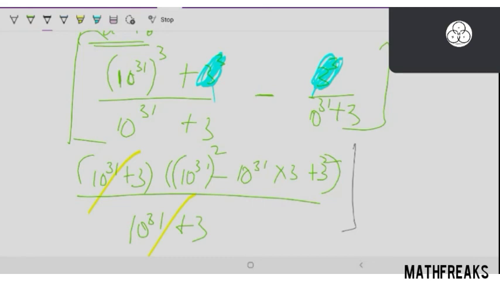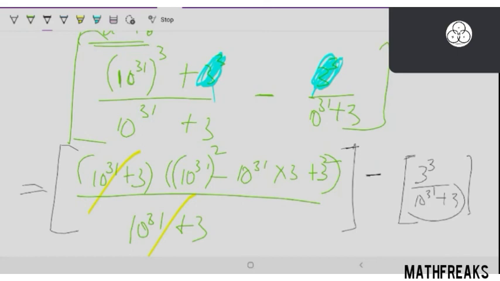So I am applying this box here. Because this is an integer, this property can be applied, and I am also applying this minus 3 to the power 3 over 10 to the power 31 plus 3.